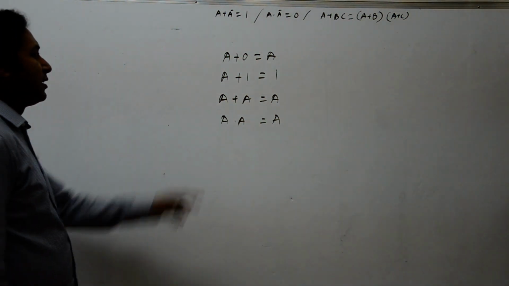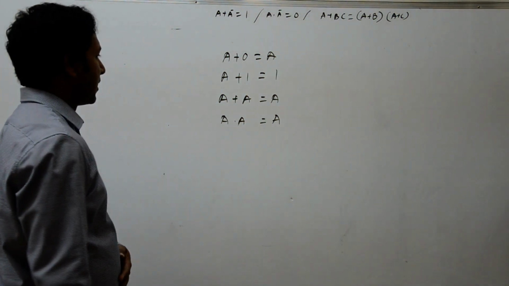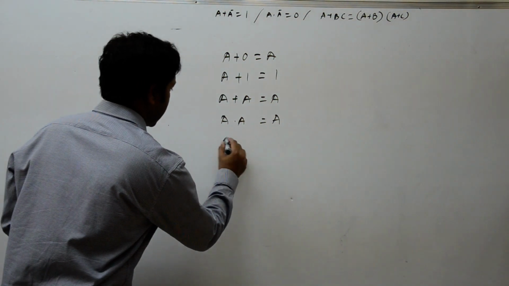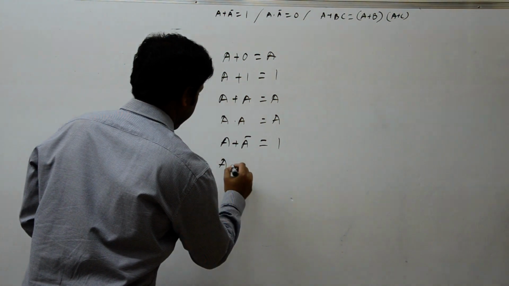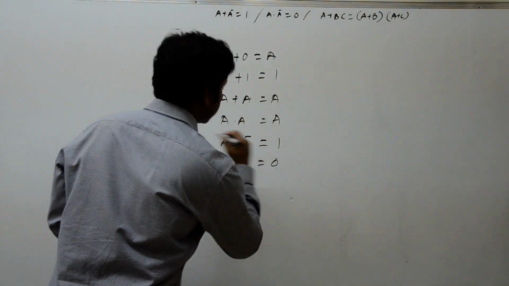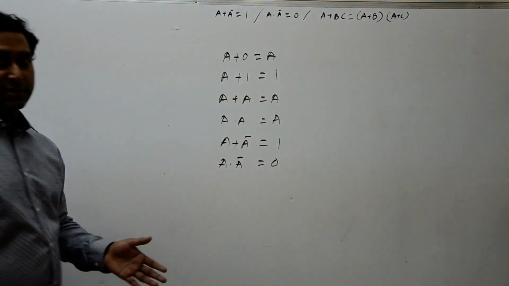So, a plus a bar is equal to 1 and a dot a bar is equal to 0. We need to remember this.